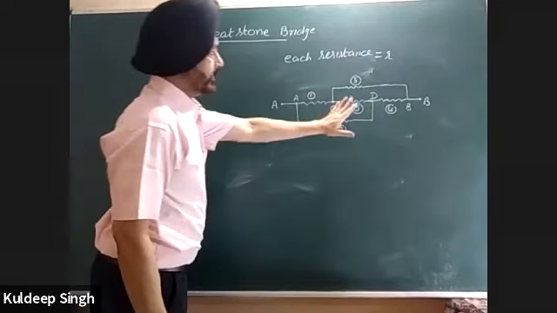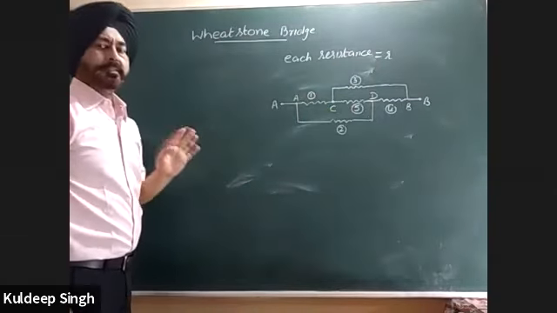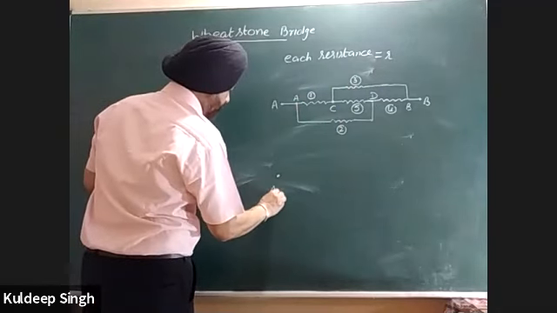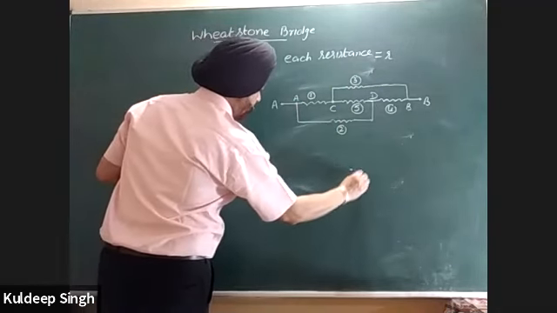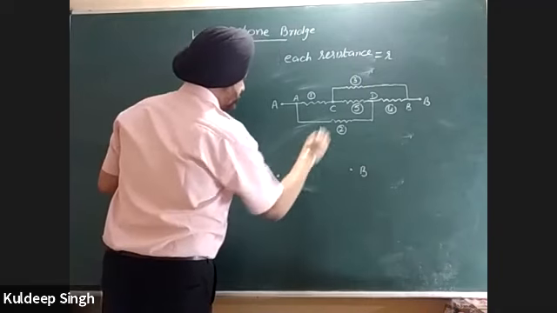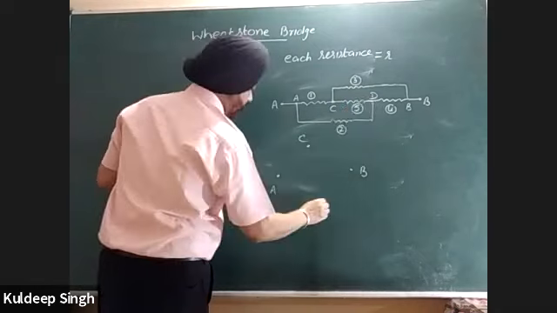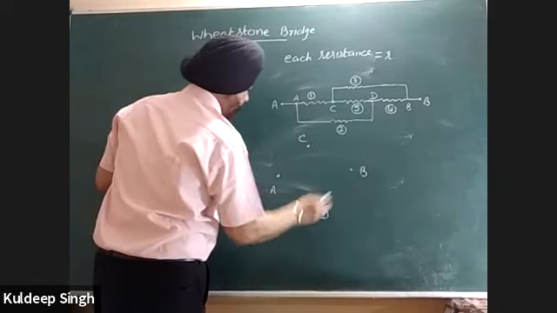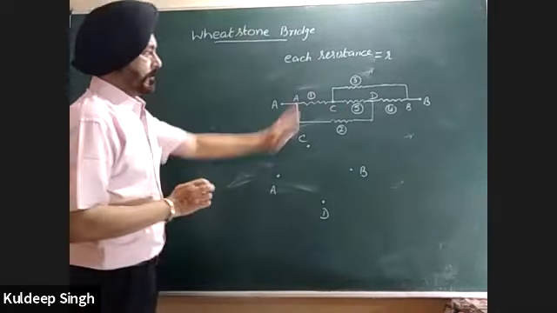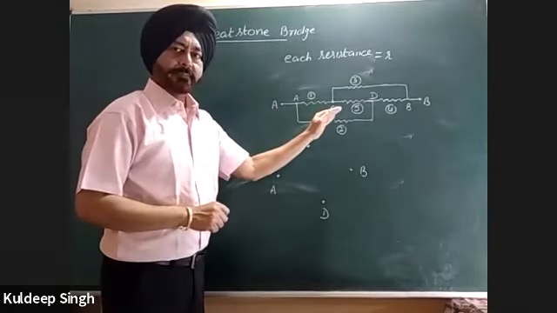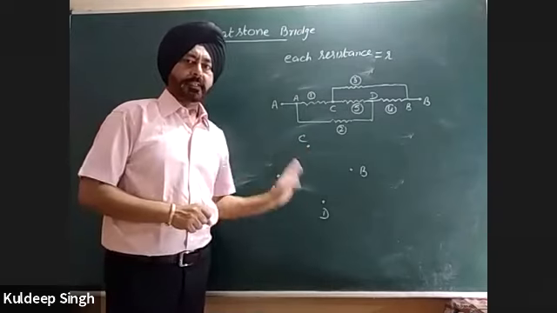And there are 5 resistances and 4 points in the circuit. So we will mark 4 points here, A, another point B, say this is the C point, and this point is D. Always solve such kind of circuit by giving numbers to the resistances and marking these points like this.